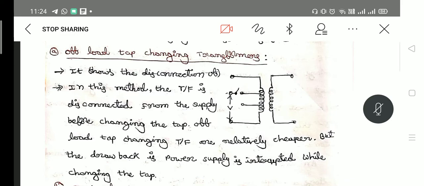This is the disadvantage of the off load tap changing transformer, but it is cheaper. The advantage is that it is cheaper, but the power supply will be interrupted.